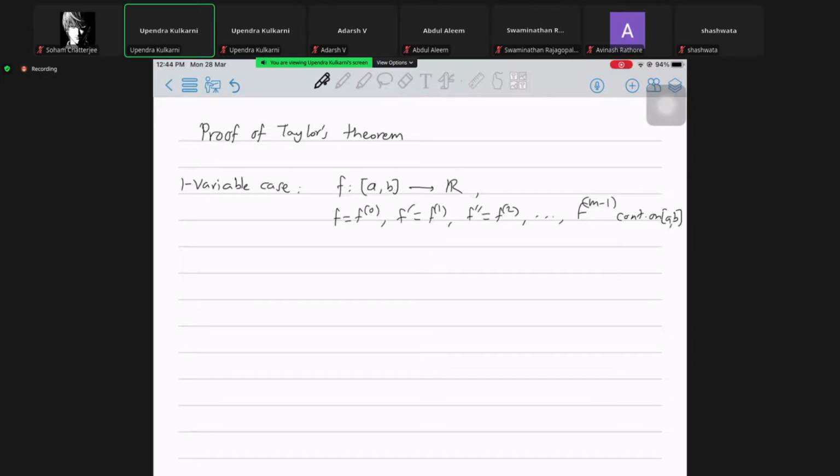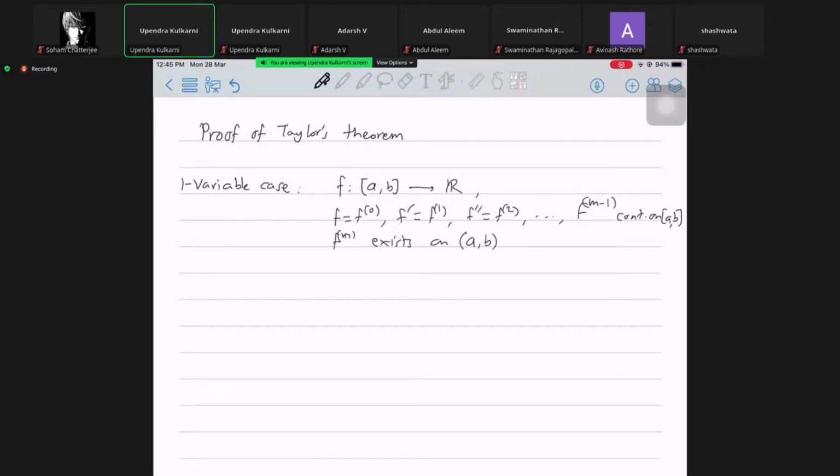In particular, they exist, but not only do they exist, they are continuous. And the mth one, it exists. Well, we actually need to have it only on the open interval.